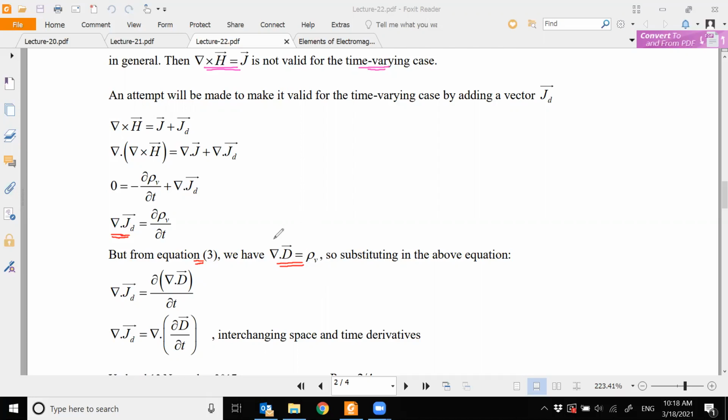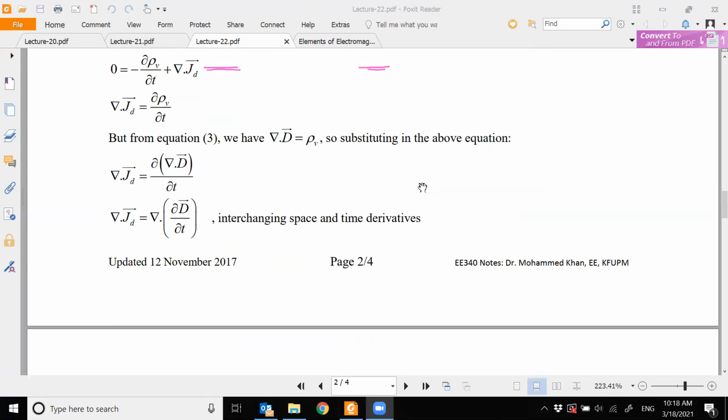Substituting this, del goes outside, dou over dou t comes inside, and interchanging the space and time variables, we see that del dot JD bar is equal to del dot dou D bar over dou t.